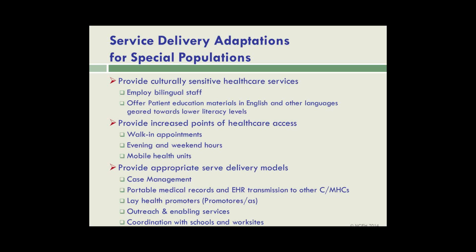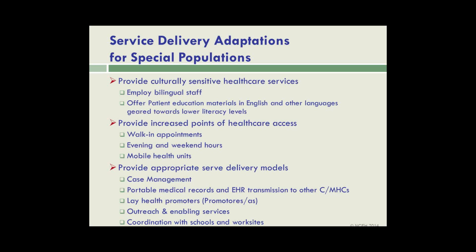So here are some service delivery adaptations for special populations. Provide culturally sensitive healthcare services, employ bilingual staff, offer patient education materials in English and in other languages geared to lower literacy levels, also provide increased points of healthcare access: walk-in appointments, evening and weekend hours, mobile health units.